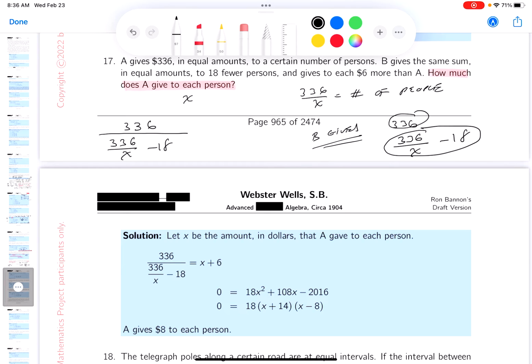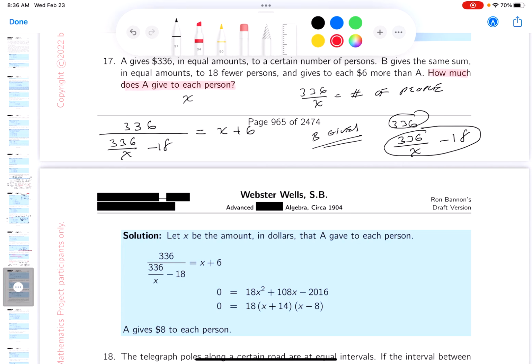Well, 336 represents money, and 336 over x minus 18 represents the number of people. So what's this going to be? The amount given per person. Now here's what it says, though. It says it should be equal to $6 more than A gave. What did A give? X. And it's $6 more than that.